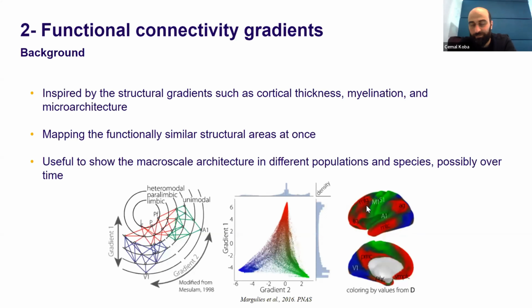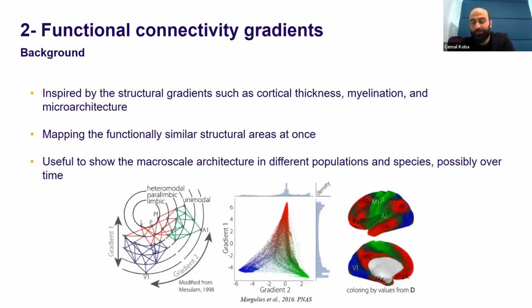It is from visual to sensory motor areas, meaning that the brain functions can be divided into two based on their similarity to visual functions or somatomotor functions. This describes the organization in the basic axis, basic modalities.